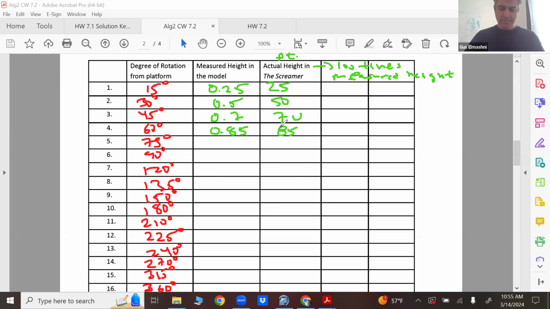Should we measure from the very outside of the west? Yes, 100%. That's good. You got 0.7 for 45. Good.